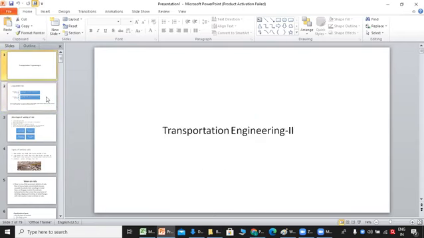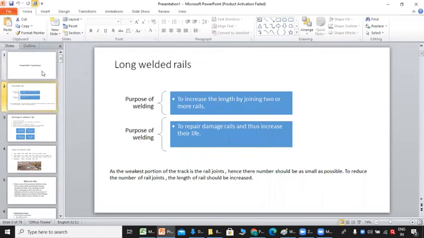Is the screen visible to all of you, and is my voice clear? So, long welded rail, the purpose of welding. First is to increase the length by joining two or more rails.